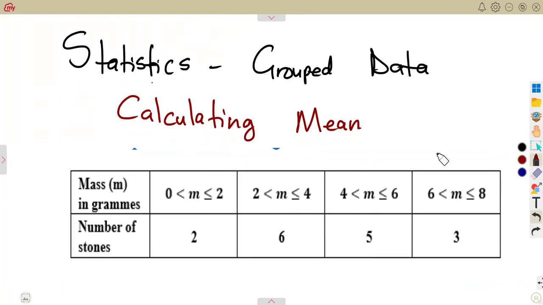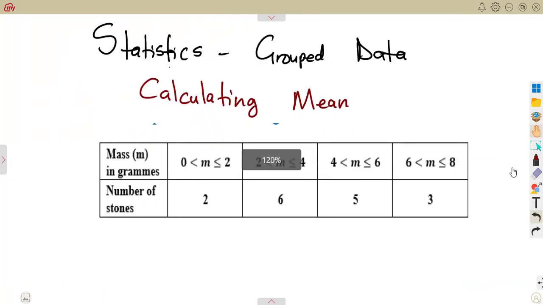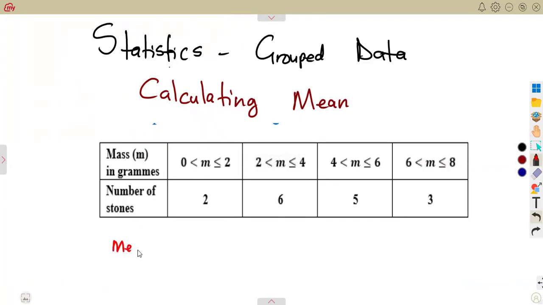So for you to have the mean, I'm just going to present this formula, guys. I just want you to understand even this presentation at your level now. You must be understanding some of these presentations. So I'm just going to write it this way. The mean is taken from this formula. This sign here means sum of, the summation.